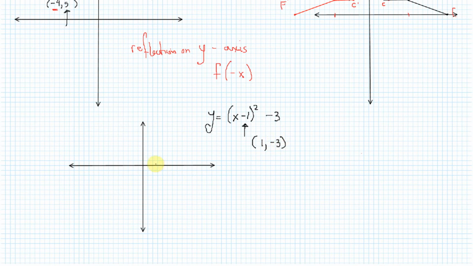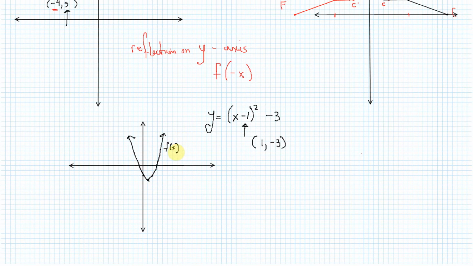So our vertex is at positive 1 and negative 3 right here. And I'm just going to sketch a few points so that I can do maybe a slightly better job graphing the shape of this. So here we go like so, and like so. So this is our f of x, our original function.